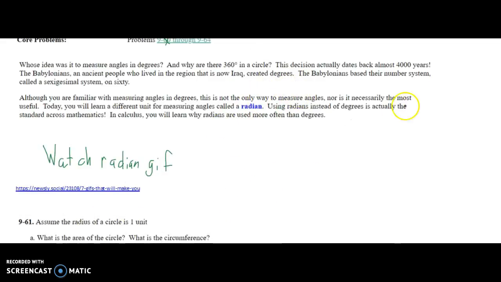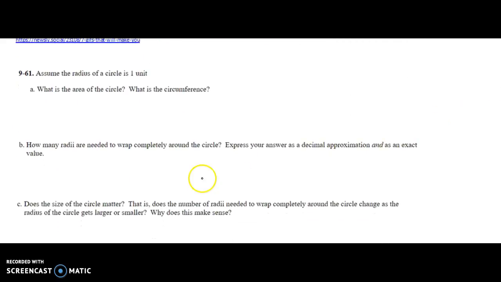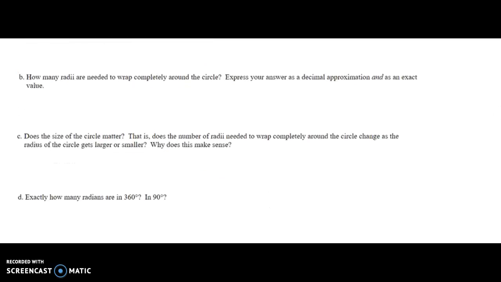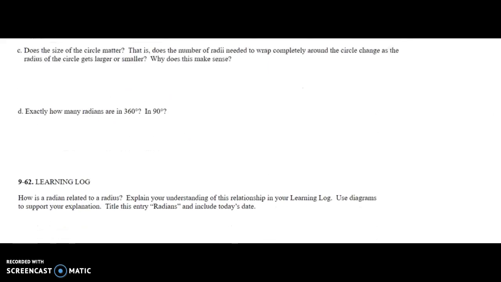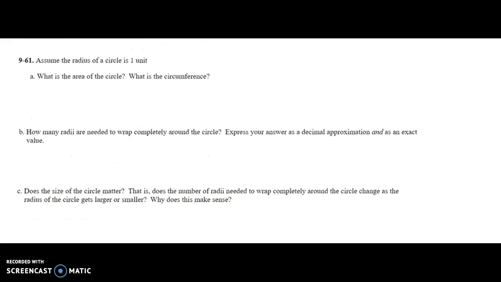With that in mind, what I'd like you to mainly focus on now is questions 61 through 64 for today's work. And then, of course, the review and preview problems are tasked with the homework, or with the lesson. Some basic questions about circles.